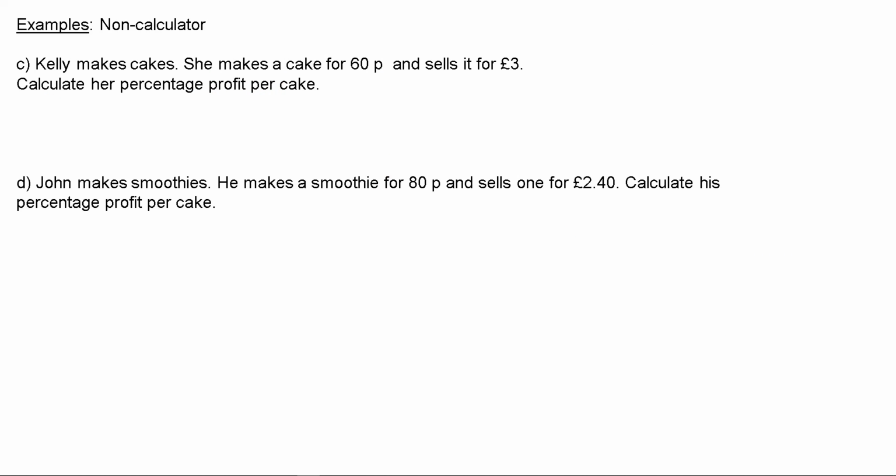Now, for the second part, for these questions, Kelly makes cakes. She makes a cake for 60p and sells it for £3. We want to calculate her percentage profit, which is a very, very common GCSE question. If she makes a cake for 60p and sells it for £3, you can think of £3 as 300 pence.